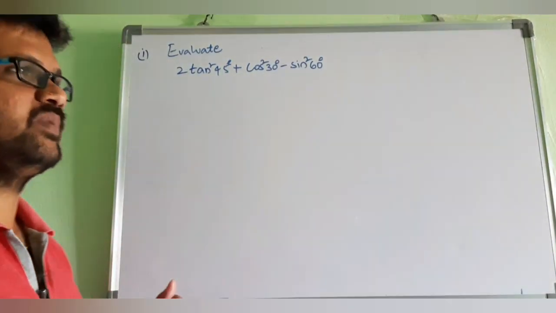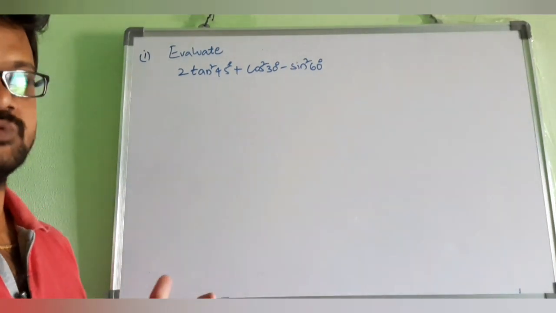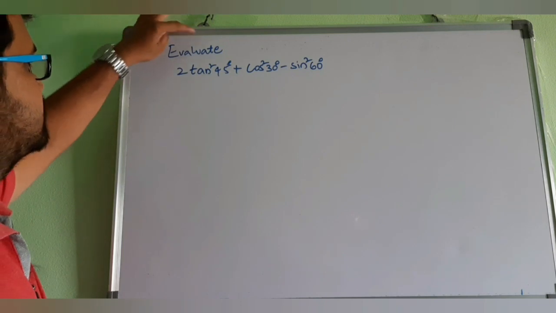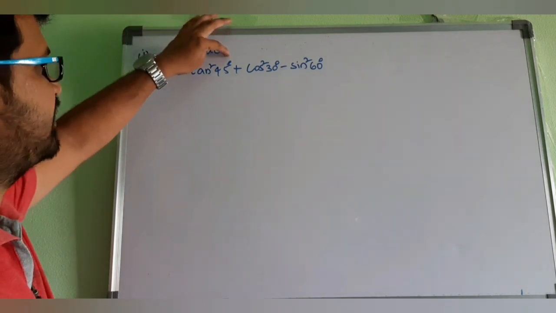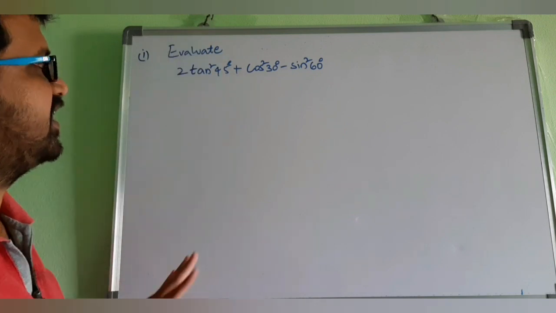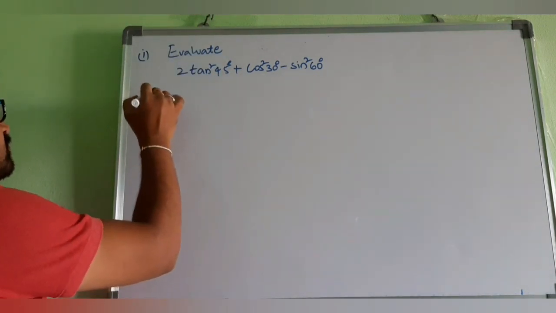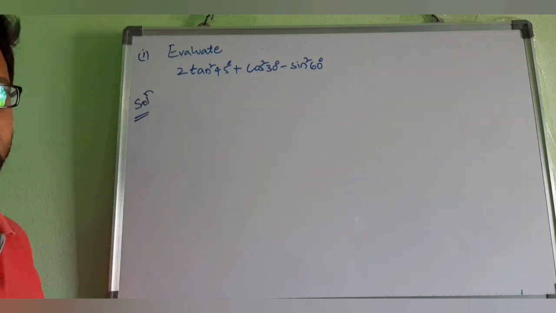Let us take one sum based on trigonometric ratios of some specific angles. Based on those values, we can evaluate 2 tan square 45 degrees plus cos square 30 degrees minus sin square 60 degrees. Simple one. What we have to do, we have to substitute the values.